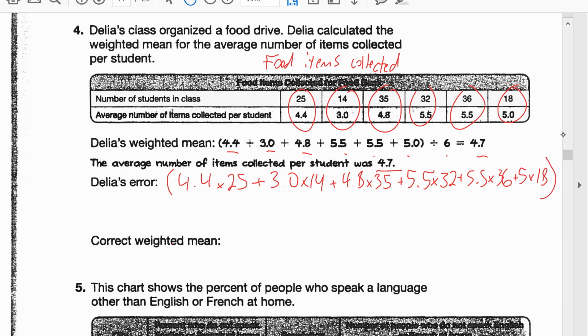Then divide that by how many students there are.